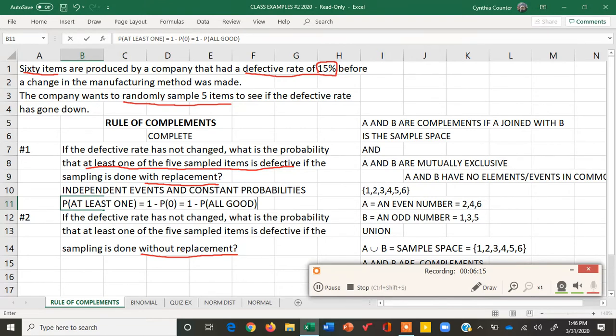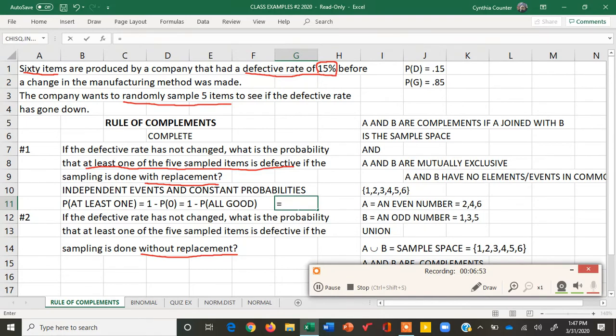So let's see here. We see that the probability of defective is 15% or 0.15. Since there are only 2 possible outcomes per item selected, either good or defective, the probability then of its complement, probability of good, has to be 1 minus the 0.15, which is 0.85. So even here we are using the rule of complements. So now let's compute 1 minus the probability of all good.